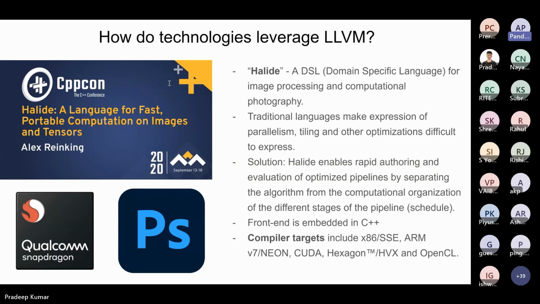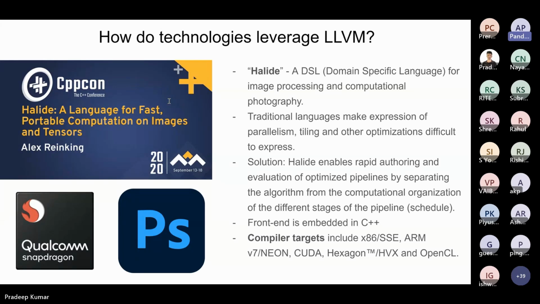Basically, what the author surmised is that with traditional languages, it's very difficult to express parallelism, tiling, and other optimizations. You can see that sometimes OpenCV code can be horribly convoluted to write. So Halide enables rapid authoring and evaluation of optimized pipelines by separating the algorithm from the computational pipeline. LLVM is used in two places here. One is Clang, used for the front end, since Halide is described using C++.